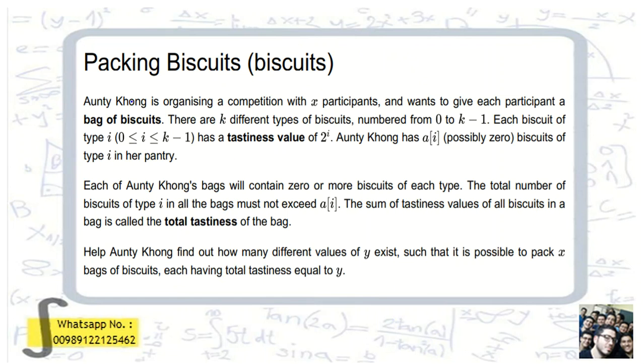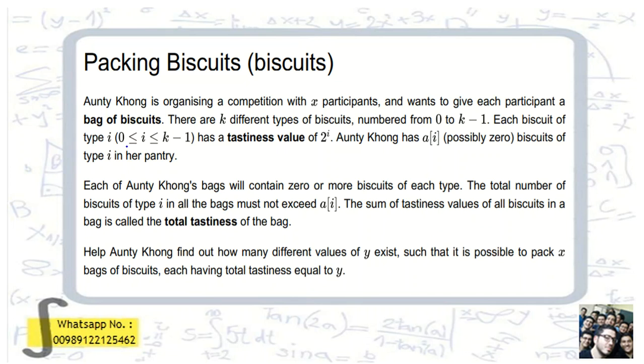Packing biscuits. Auntie Kong is organizing a competition with X participants and wants to give each participant a bag of biscuits. There are K different types of biscuits numbered from 0 to K minus 1.